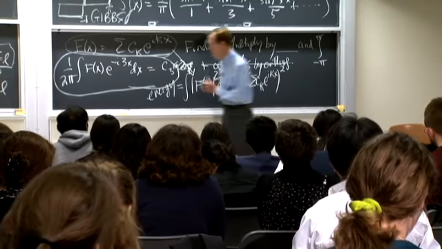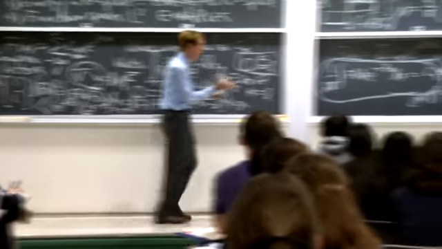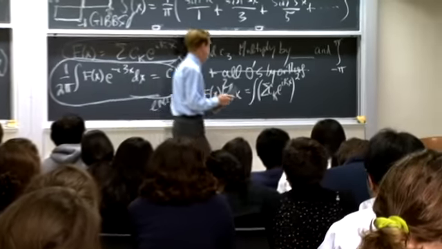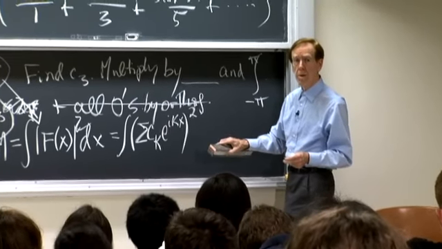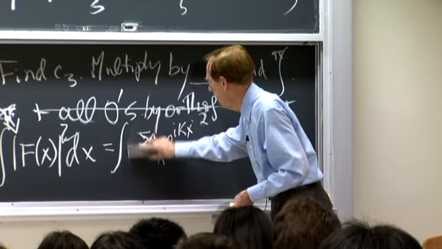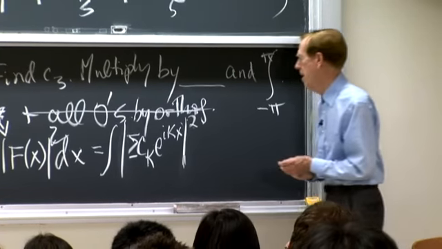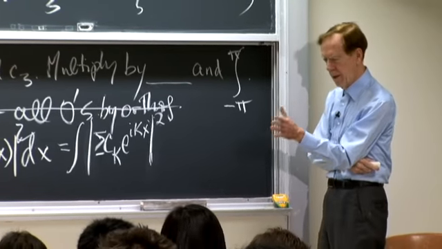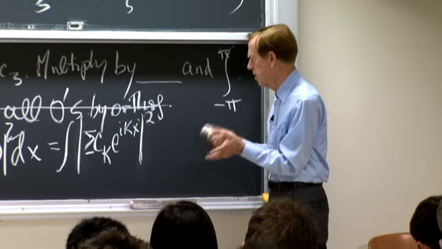Those curvy lines, which just meant take the thing in square, should be changed to straight. Just a matter of getting them straight. Okay, straight. There we are. Now that means the thing times its conjugate.